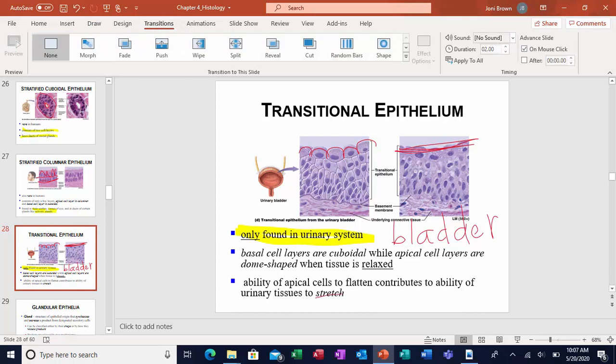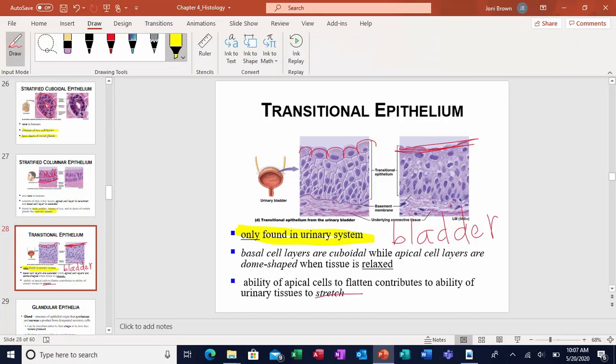It can stretch. And again, you see it as many layers. You see all the layers here, and the ones at the bottom are more cuboidal, but at the top they're going to be more dome-shaped unless the bladder is full, and then it'll stretch out and they're not as dome-shaped as they were.